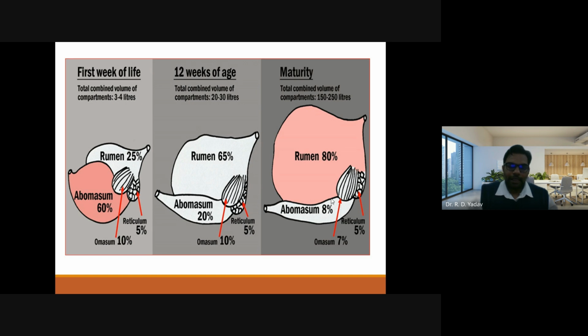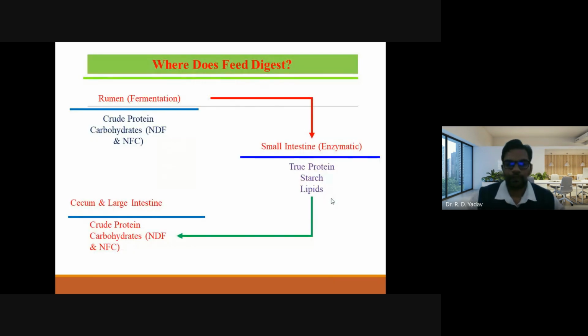It means in ruminants there is a huge change from birth to the complete development of the rumen, and the major digestion of ingredients, you can say fermentation, takes place in the rumen only. As I discussed earlier, in ruminants the stomach is a compound stomach, and it consists of 4 units: rumen, reticulum, omasum, and abomasum. Abomasum is the true stomach.